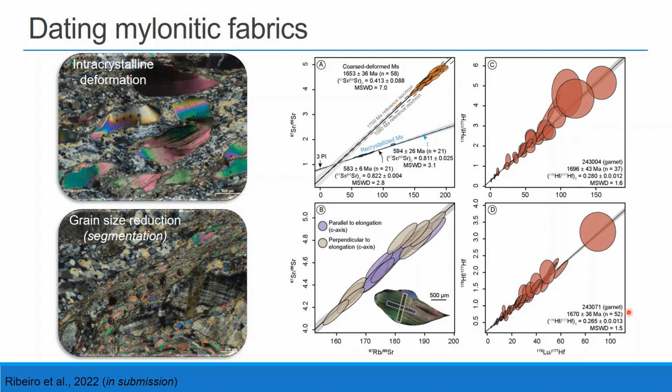So now we can tie this deformational process to a metamorphic event around 1670 to 1.7 billion years, which agrees pretty well with the array of ages that we get from the coarse-grained deformed micas. And this age wouldn't be possible to pick without dating the fabric, which is dating the strain and deformation in the end.